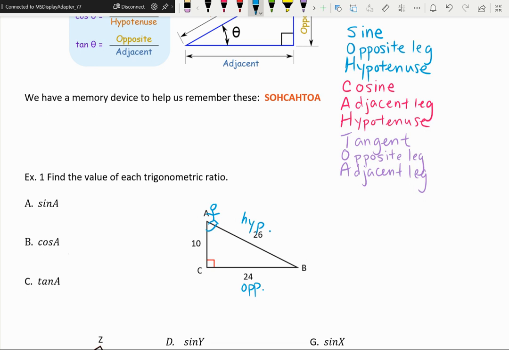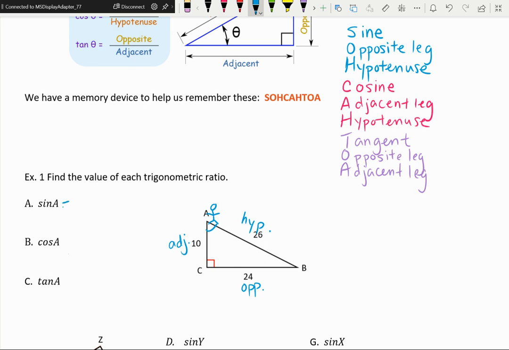Adjacent means next to. So the adjacent leg is going to touch the angle. Right now I'm just naming these three titles. The adjacent leg is going to be the leg that touches that angle. Once I've done my naming, I can set up my ratio.